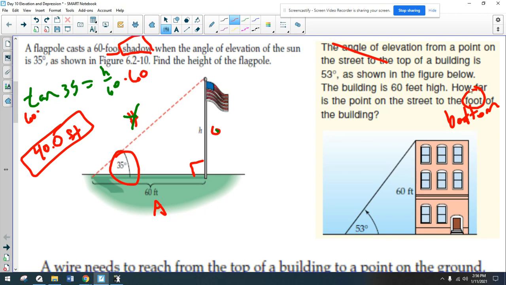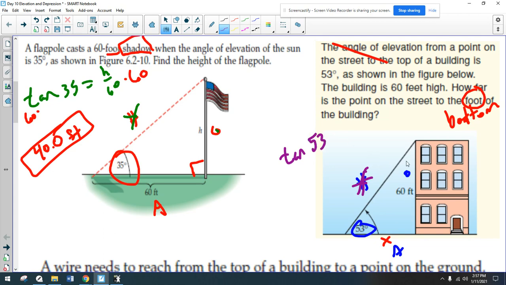Okay, so how far is the point on the street to the foot of the building? They're asking you for this right here. Okay, so just like before, we're solving. So I've got 53, and that makes this the hypotenuse, the adjacent, and the opposite. The thing that has nothing is the hypotenuse. So I've got opposite and adjacent. Again, tangent. And I picked the 53.